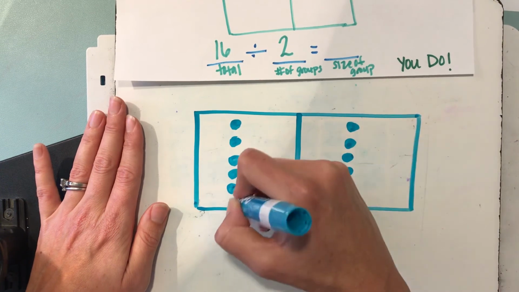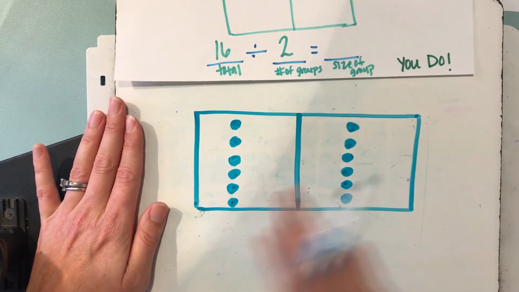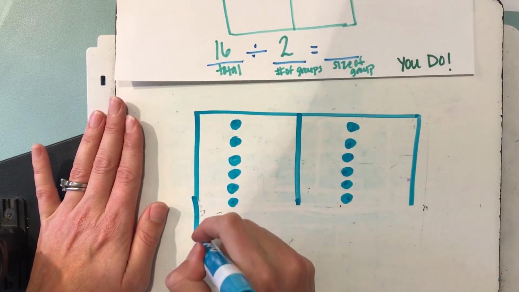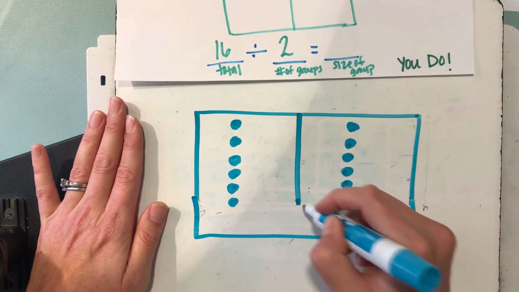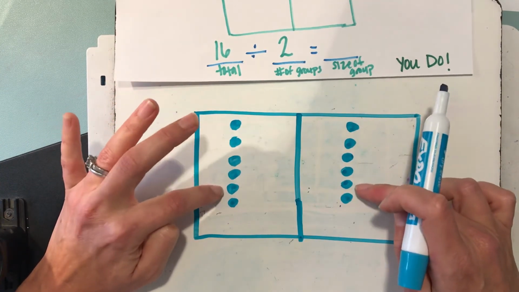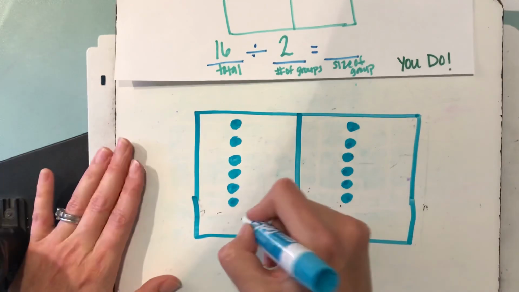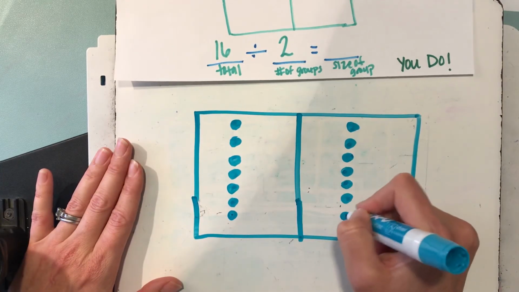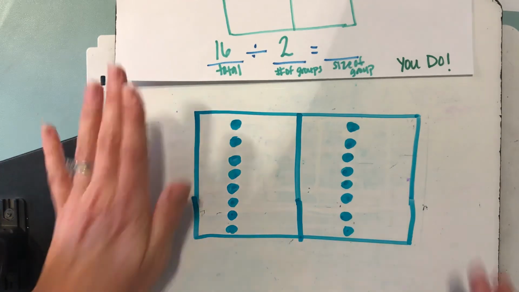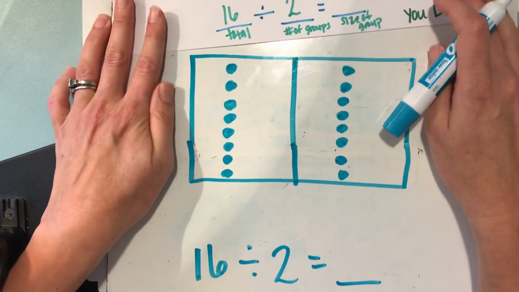I'm running out of room again. 11, 12. Oh my goodness. I'm going to have to make it longer. 2, 4, 6, 8, 10, 12. Okay. 13, 14, 15, 16. Yay! I love whiteboards. They make things so much easier.